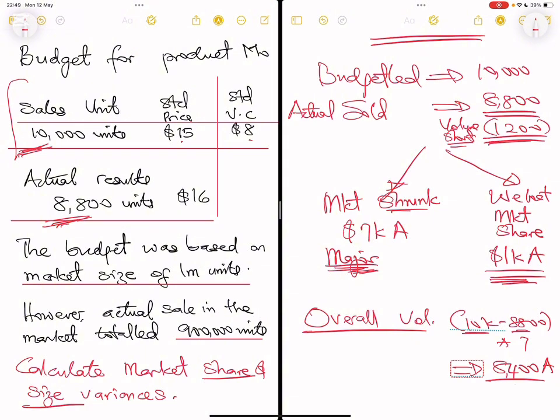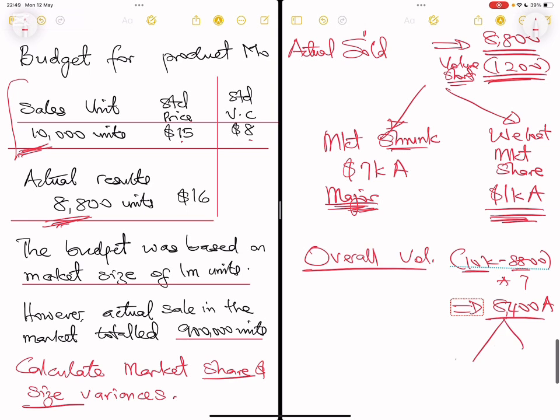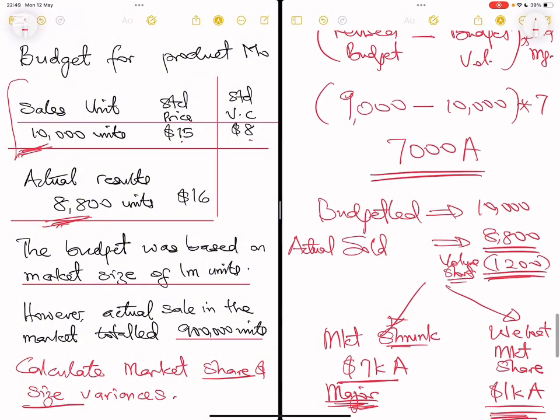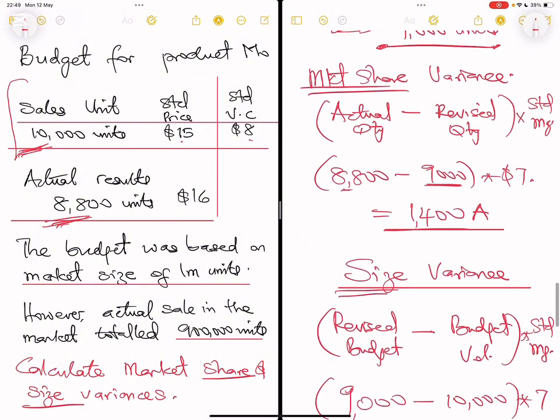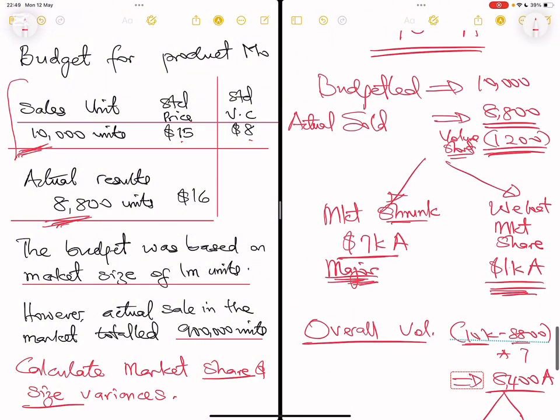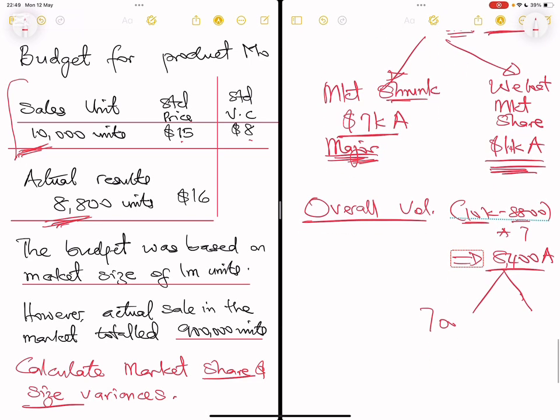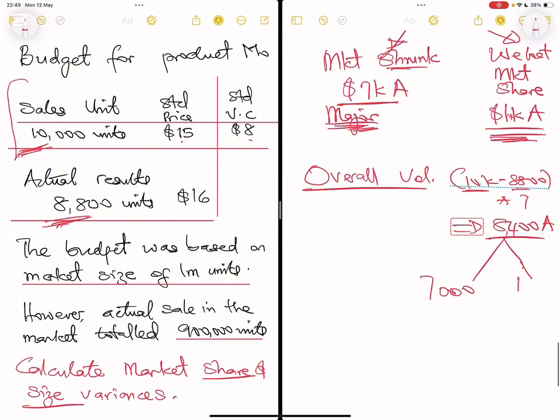This 8,400 is what we split into 7,000 and 1,400 adverse. This is from the shrinking market, and this is from the loss of market share. That is the analysis that you're trying to do.